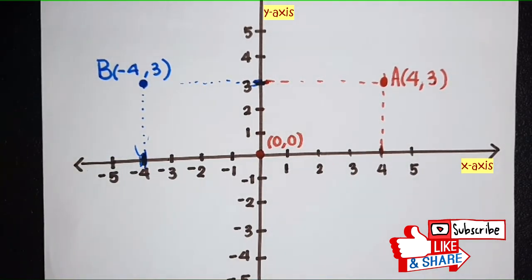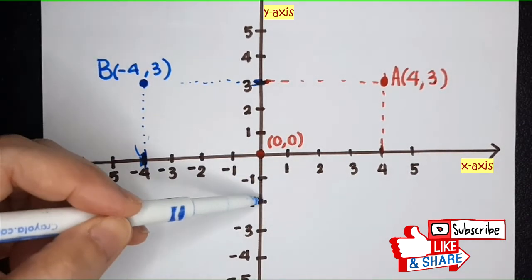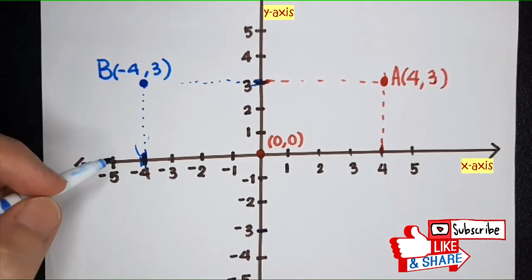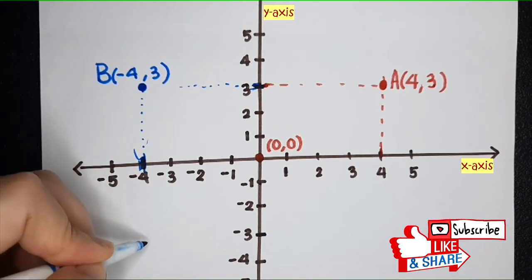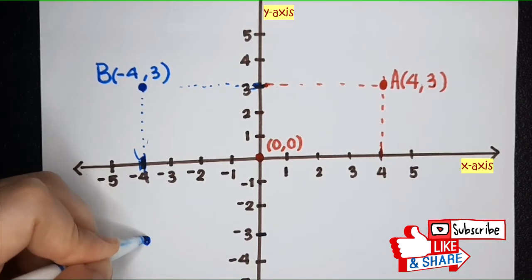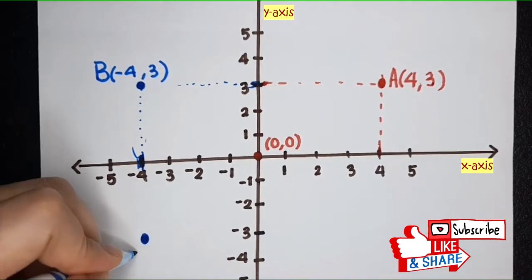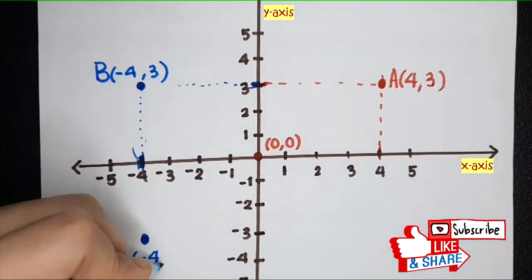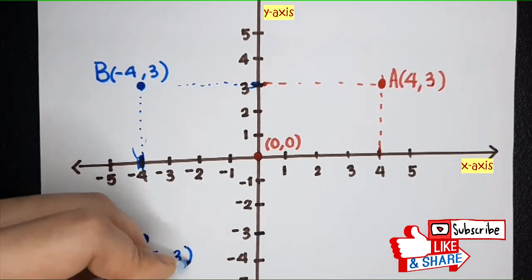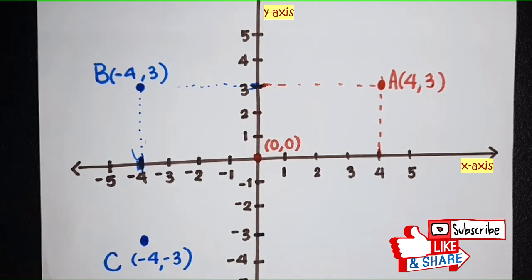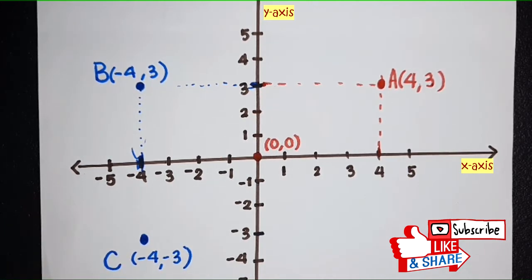And then, you have to find the -3 sa y-axis naman. So, 1, 2, 3. Here. So, parang yung point na yon, -4, -3 is somewhere here. This is the point -4, -3. Let's call this point C, capital letter C.